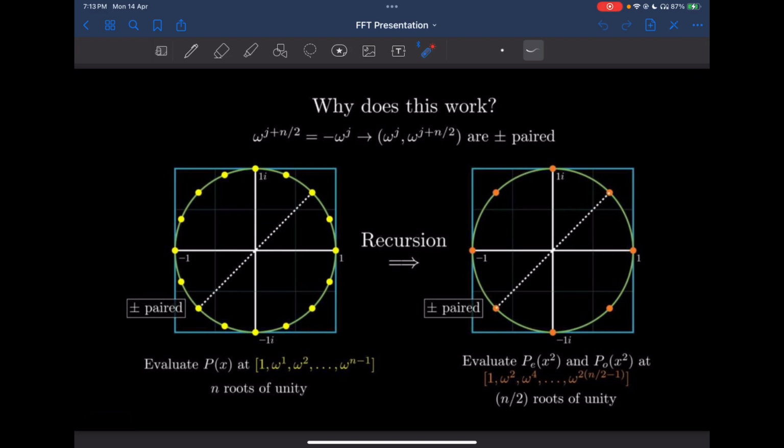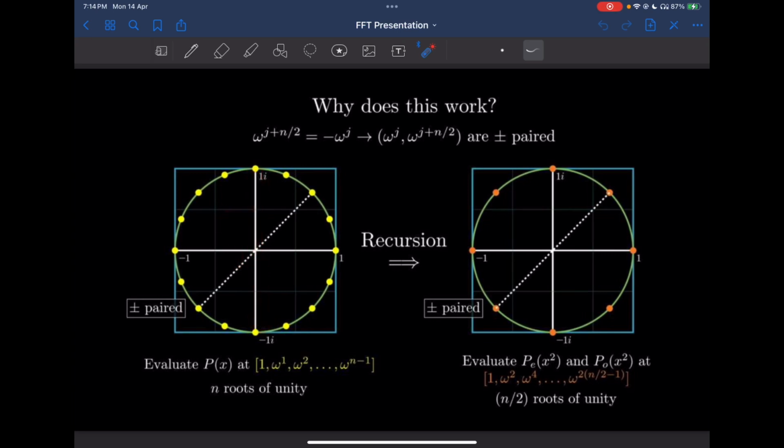And why does this work? Essentially because the positive negative pairs are always going to be present opposite to each other. For example, you see here 1 and minus 1 present opposite to each other. There is a difference of theta of 180 degrees every time. Here this is plus i, this is minus i. So a difference of pi radians.